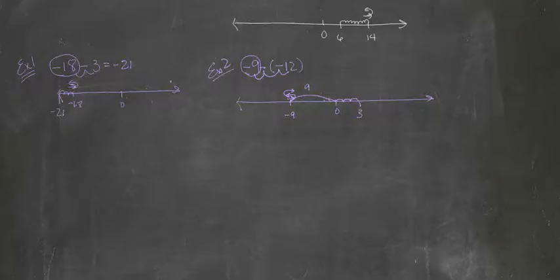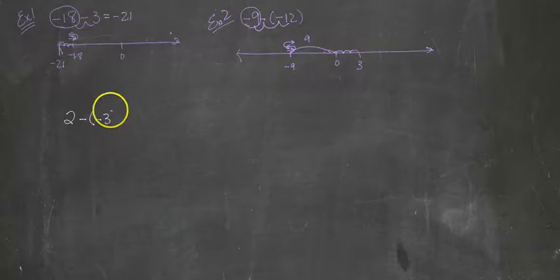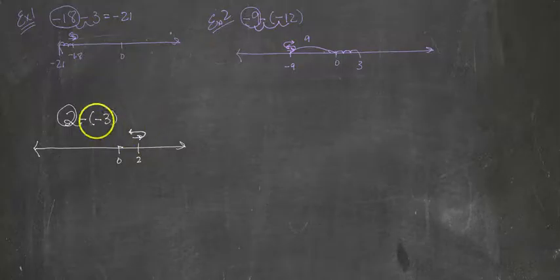So this would be a really good time to formalize something that we did here where we have all these turnarounds going on. Let's notice. If I have 2 minus negative 3, then on the number line my instruction says I'm at 2, headed the right direction, right? That's where I am to begin with. Minus says turn around one time.